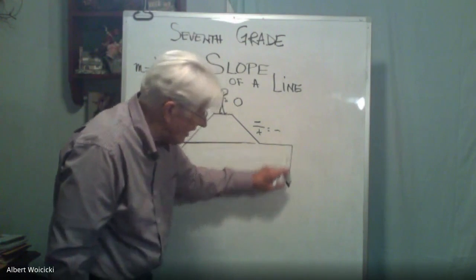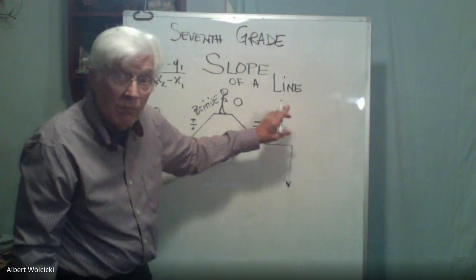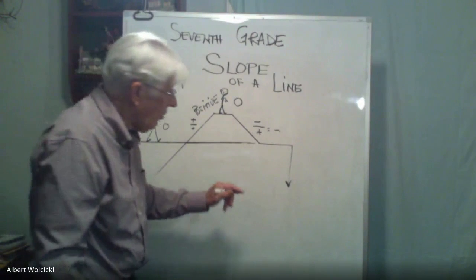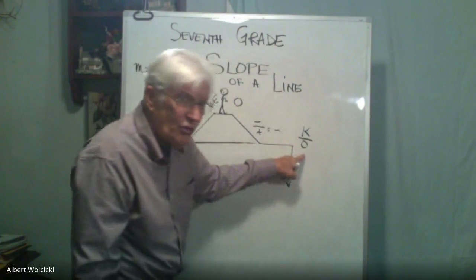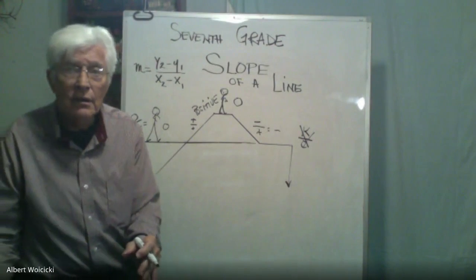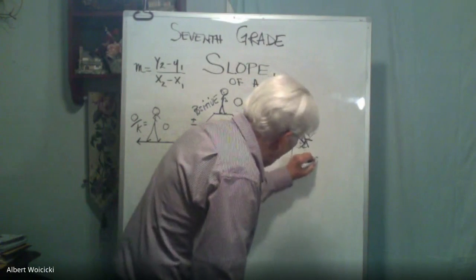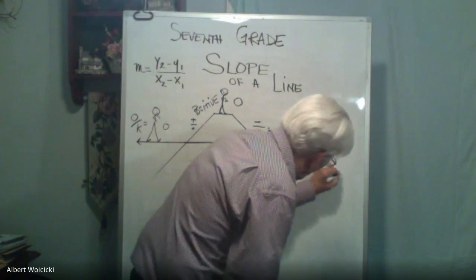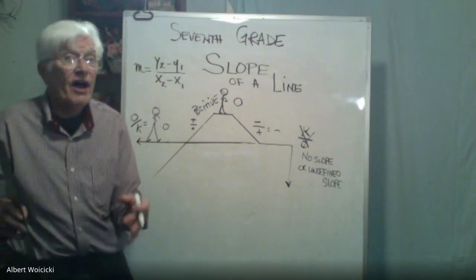Our y is going to change because it's going down or up. But x isn't changing. So we're going to get some value k over 0. But you can't do that. That's undefined. And if that's undefined, I have no slope, or undefined slope. So a vertical line is undefined in way of slope.